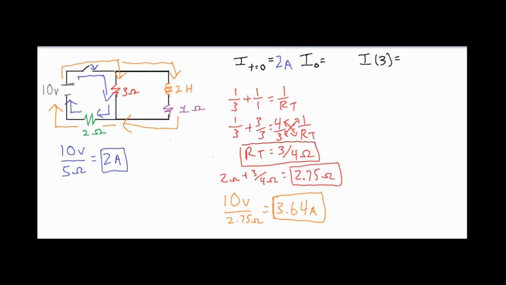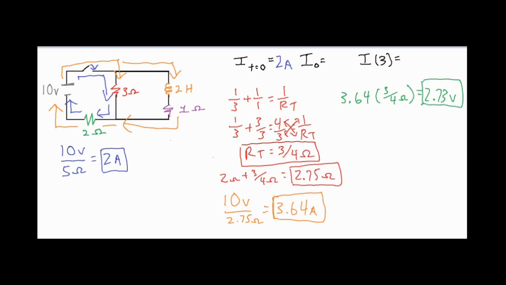So we're going to focus on the branch over here with the 1 ohm resistor. We know that the entire parallel chunk has a resistance of 3/4 in total. So if we take our I times that total R for the parallel chunk, then we get a voltage of 2.73 volts.